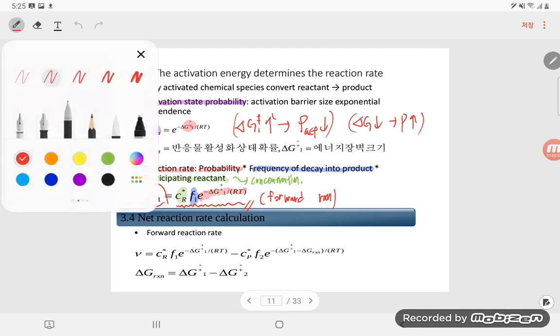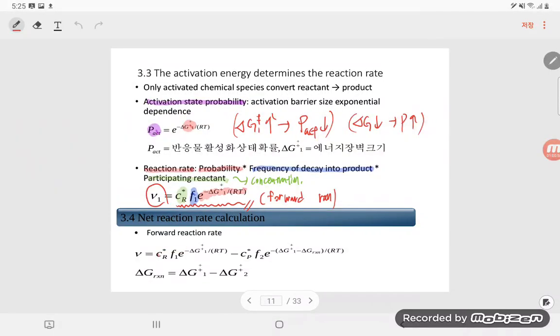In here is the forward reaction rate, where the concentration of the reactant is Cr and the energy barrier is delta G1.